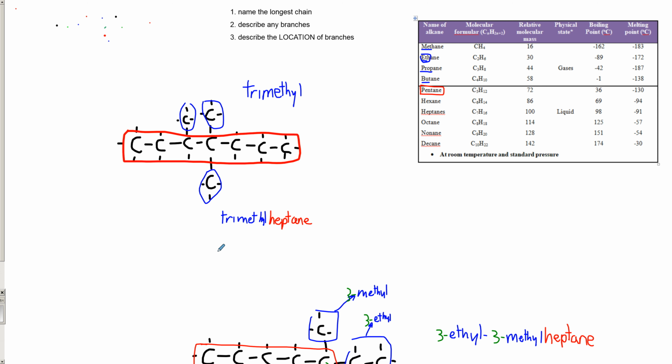If I just say 3, 4, what about the other methyl group? I haven't talked about it. So 3, comma, 4, comma, 4, dash, trimethylheptane.